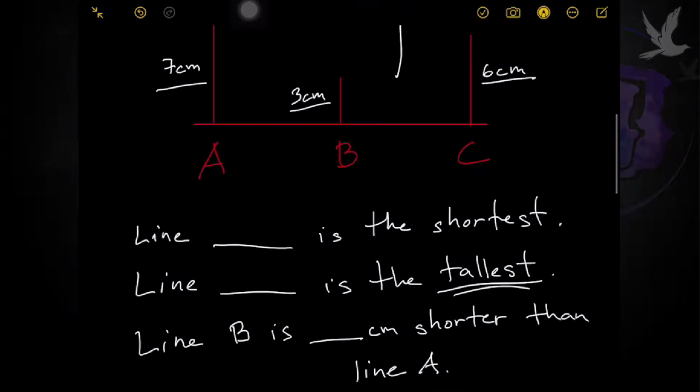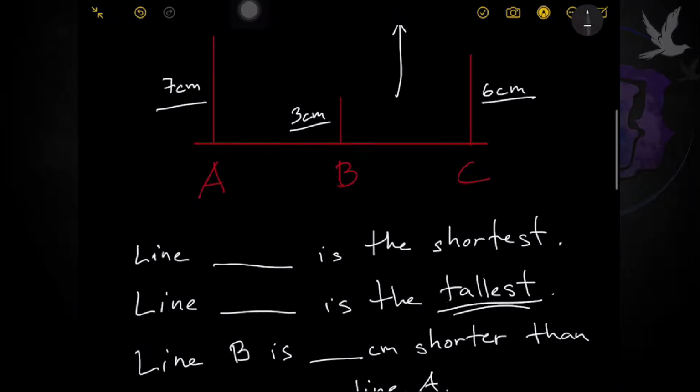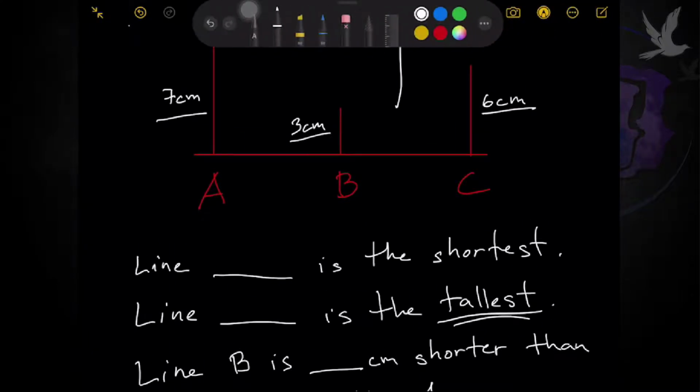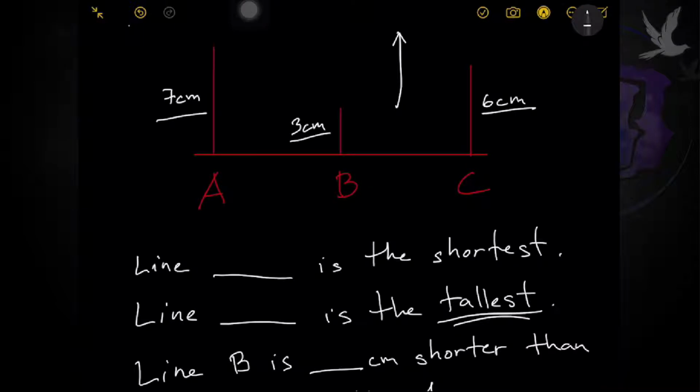So, comparing, line blank is the shortest. So, among the three, again, if you're just going to compare, line A from this point ends at this point. Line B, starting at this point again, ends at this point. And line C, starting at the same point, ends at this point.